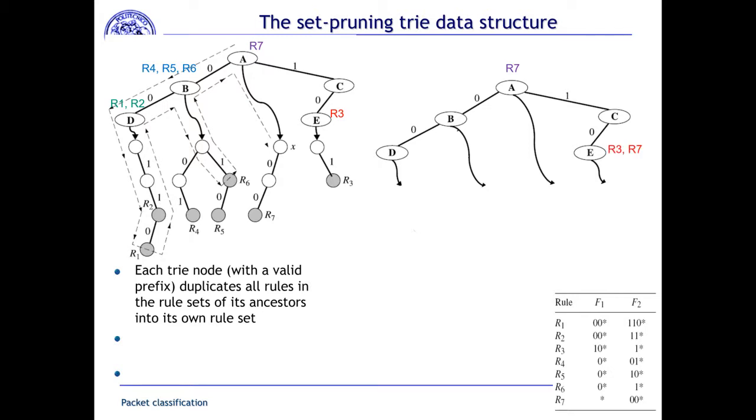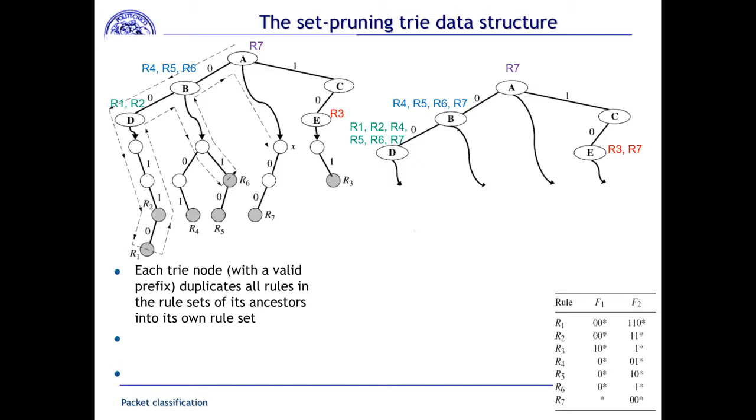So E will also receive rule 7, which was originally for node A. On the other side we have B. Originally B had rules 4, 5, and 6. It also receives rule 7 from its ancestor, A. And then D has B as its ancestor, so it will add to R1 and R2, which were originally located in D, also 4, 5, 6, and 7 taken from B.